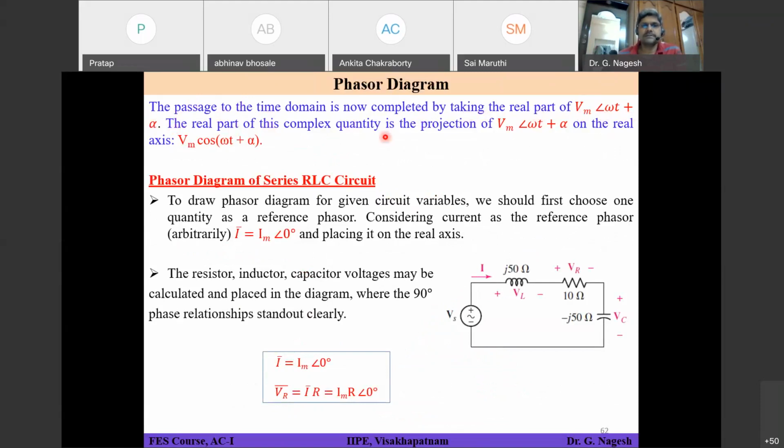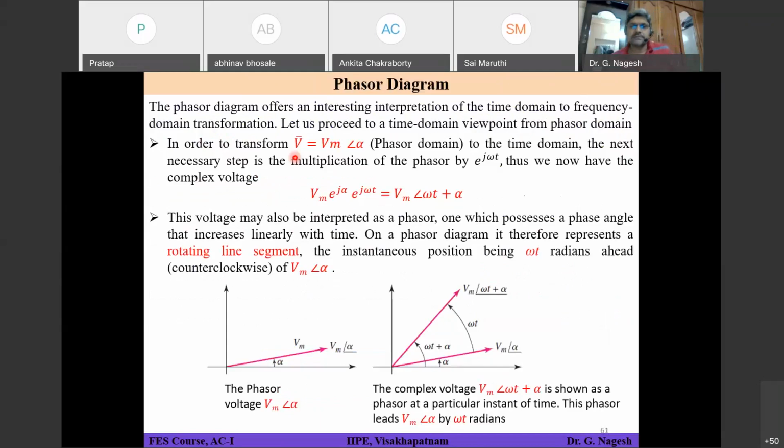The real part of this complex quantity is the projection of Vm at an angle of omega t plus alpha on the real axis, which is nothing but Vm cos of omega t plus alpha. So if you have plotted Vm at an angle of omega t plus alpha on the phasor diagram, this phasor keeps on rotating, and the projection of this phasor onto the real axis is nothing but your time domain value. Correct now?